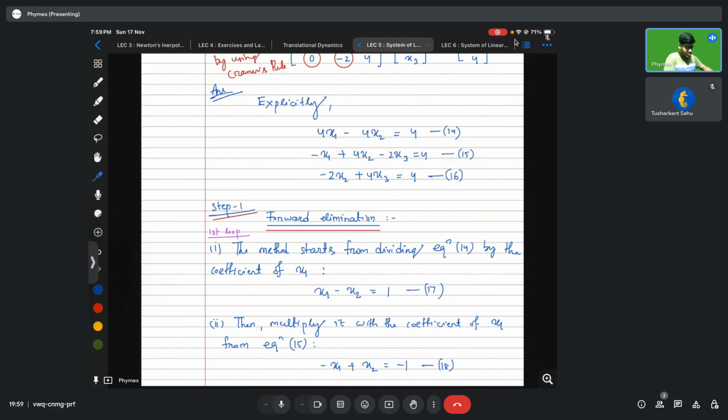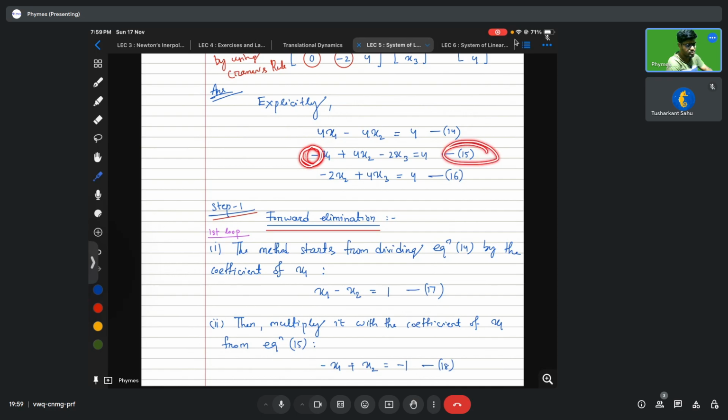So how are we doing it? Let me give you a summary. We are choosing this equation 14. We are dividing throughout this equation by the coefficient of x1, right? Then we are multiplying by the coefficient of x1 in the target equation.